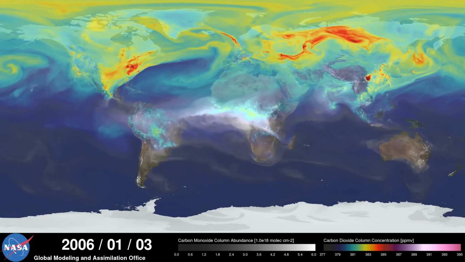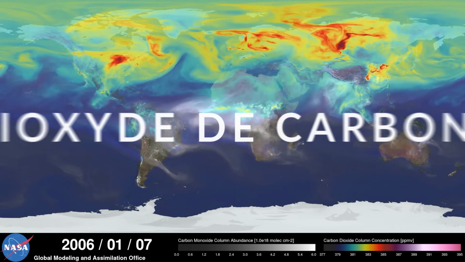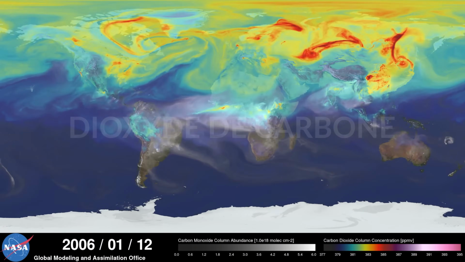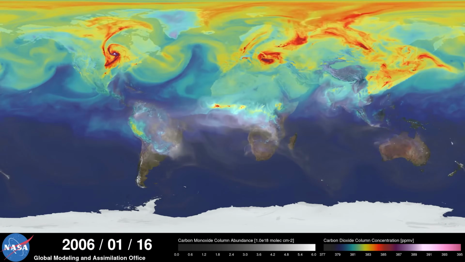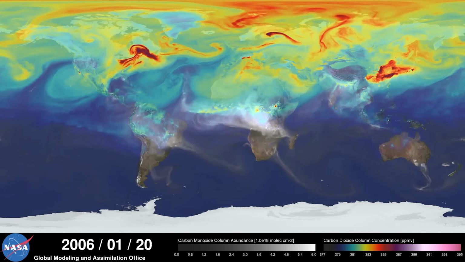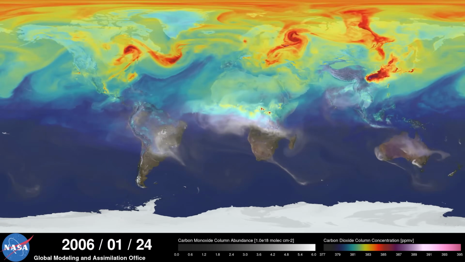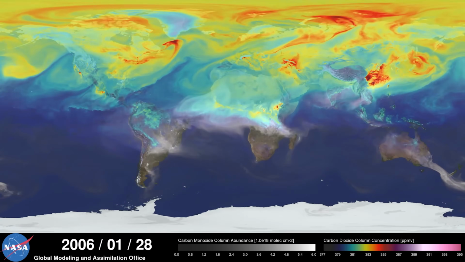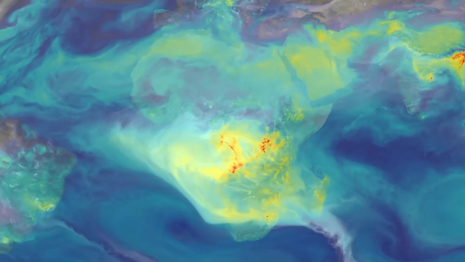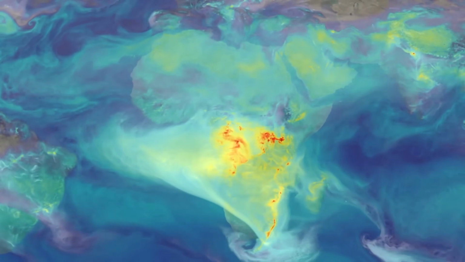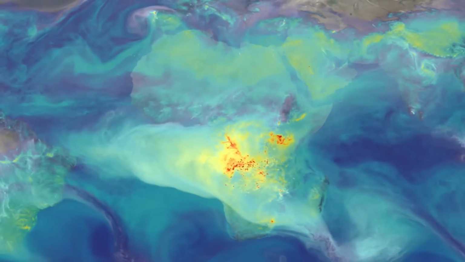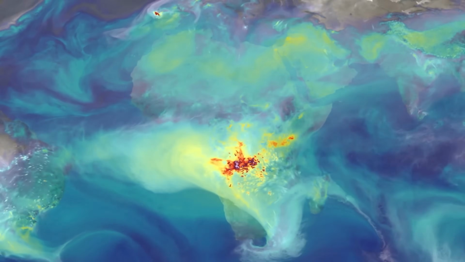And now we come to the distribution of carbon dioxide emissions. The colorful images you are looking at show the cumulative emissions over an entire year of these molecules, which are responsible for nearly 3/4 of global warming. And they too know no borders, spreading quickly from the regions of the globe where they are emitted to the entire planet.